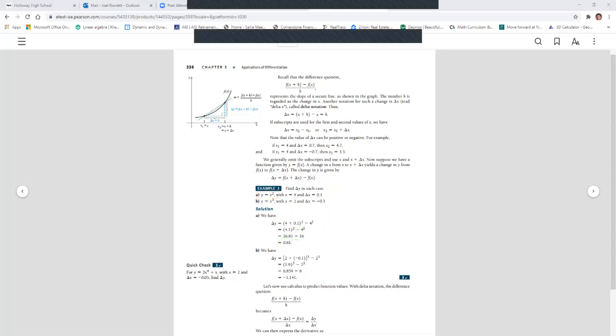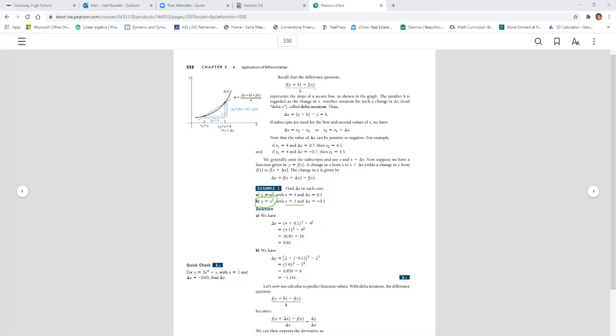Part B, we have y is equal to x cubed. This time we start at 2, but we're going back 1/10. We're moving back 1/10. But it's the exact same formula, right? Delta y is f of x plus h minus f of x.